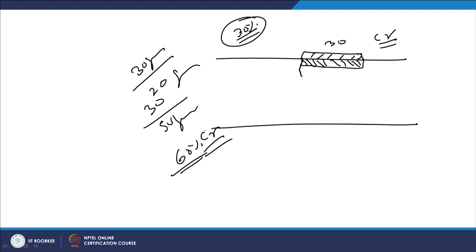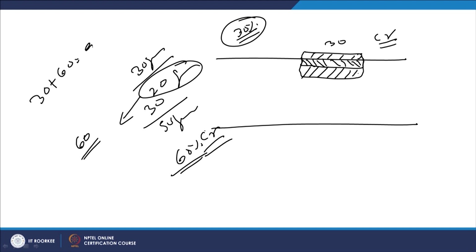If deeper melting of the substrate takes place, that is, if the substrate is melted up to a greater depth, then the amount of base metal will be more. It will not be 20 gram, maybe the base metal melting is up to say 60 gram, then 30 plus 60 gives 90 gram of the molten zone. If we calculate the percentage of chromium in the total mass we get after solidification, it will be about 30%.